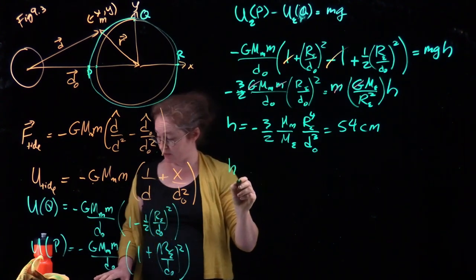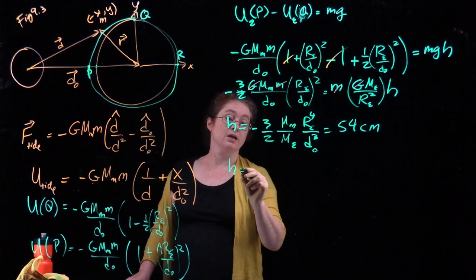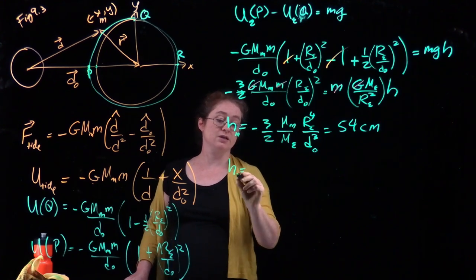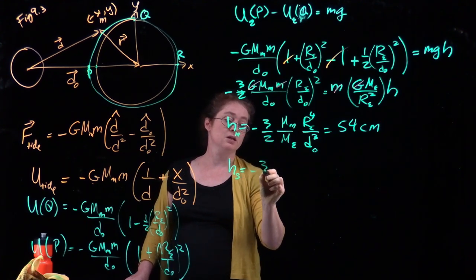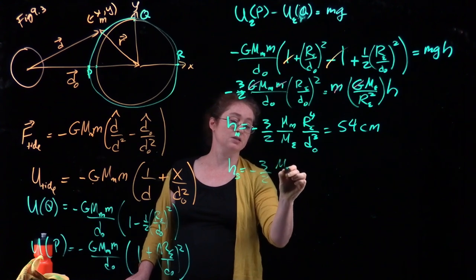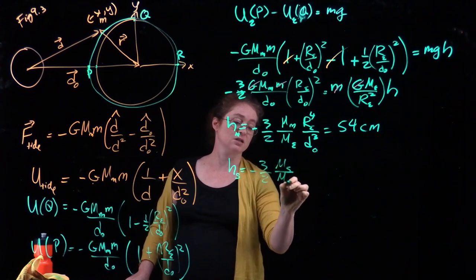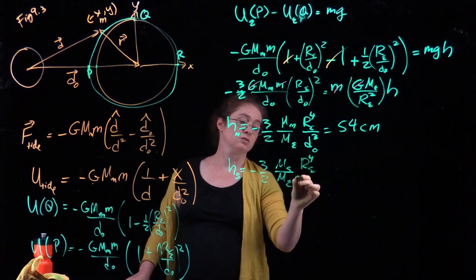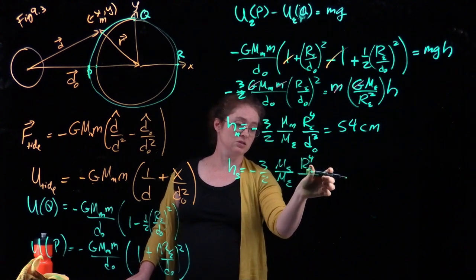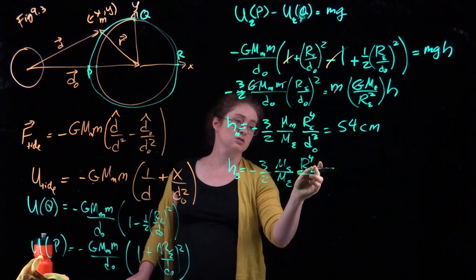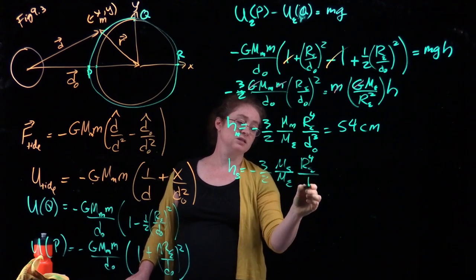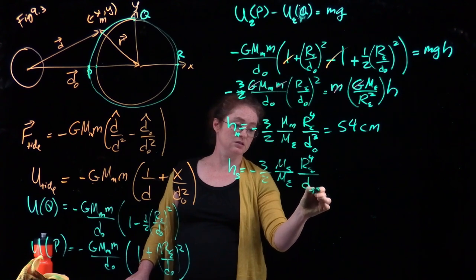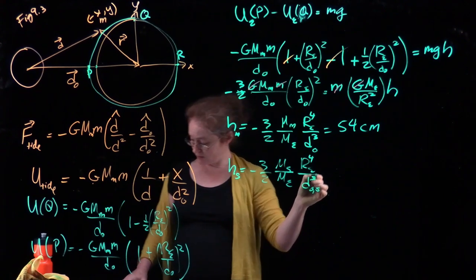You can actually change the mass here and consider, so this is the height due to the moon, the height due to the sun, same thing, but this mass is now the mass of the sun instead of the mass of the Earth. And this is now the distance. This D naught is the distance to the sun.